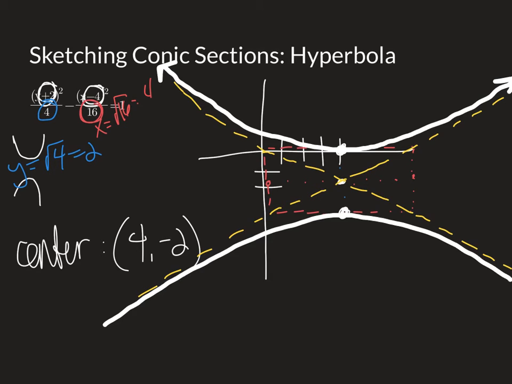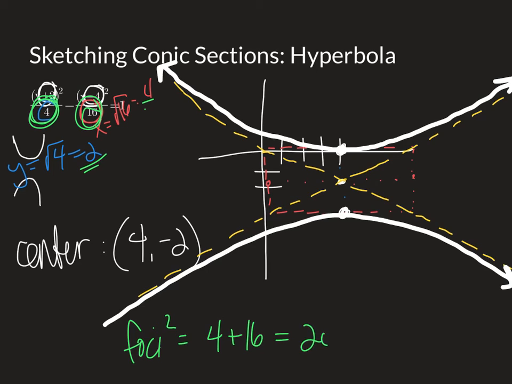The last thing that we need to do is plot your foci. In this case, your foci come from a squared plus b squared. So 4 plus 16, right? a is 2 and b is 4. Basically, it's the numbers on the bottom that we're adding together, which is 20.